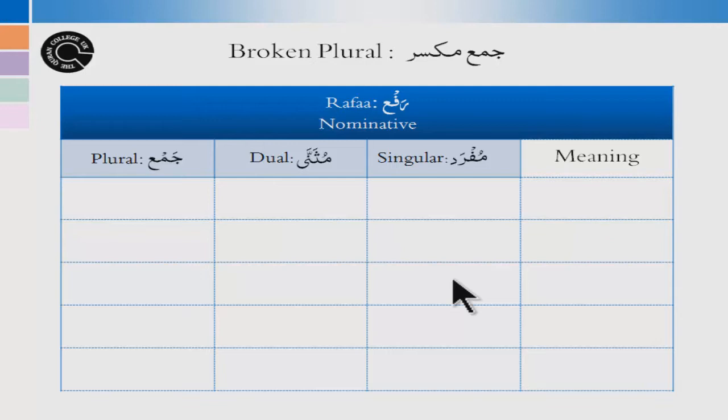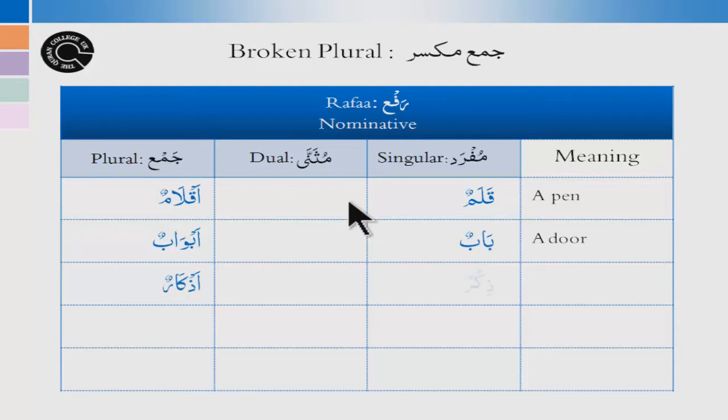Now let's study some broken plurals, and from there we will derive some templates. The first broken plural is aqlamun, that is the broken plural of qalamun. Another broken plural you have here is abwabun, and that is the broken plural of babun.